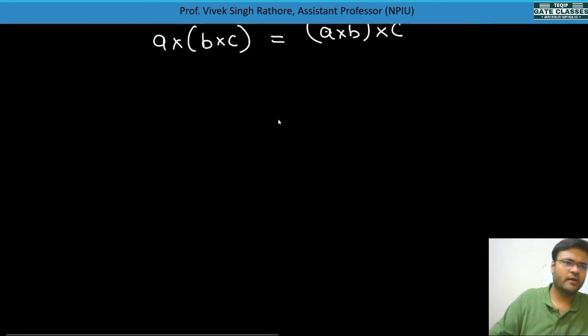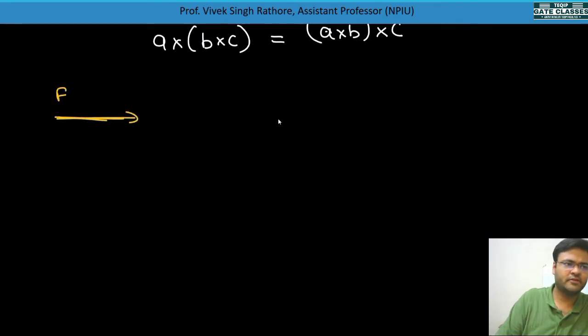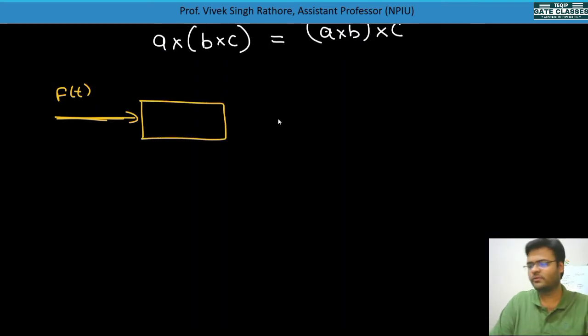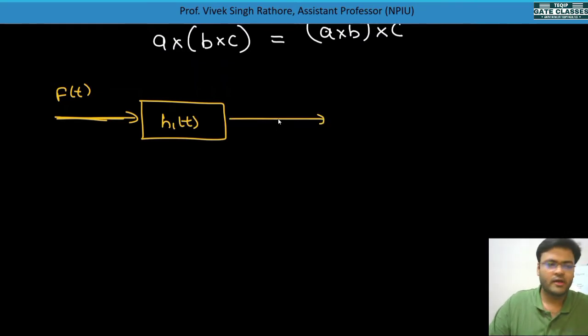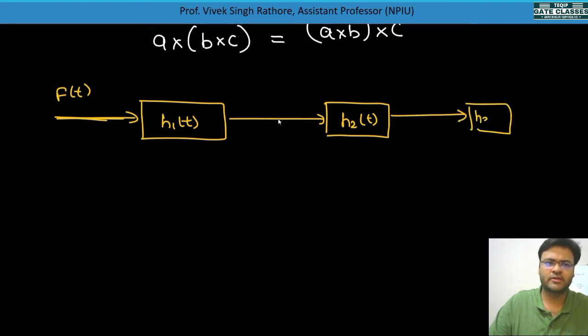How can we see it in an LTI system, I'll show you. See, if ft is your input, and you are passing it through a block with impulse response h1(t), then another block with impulse response h2(t), and then another block h3(t), and then you are getting output y(t).